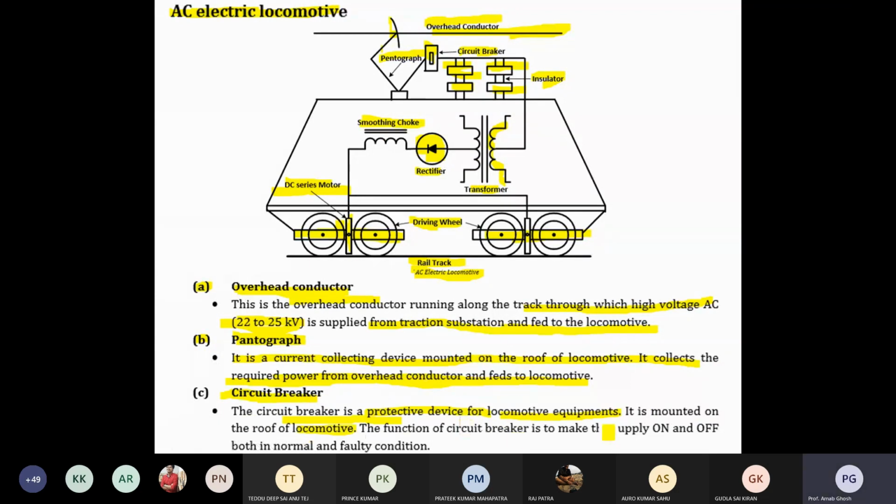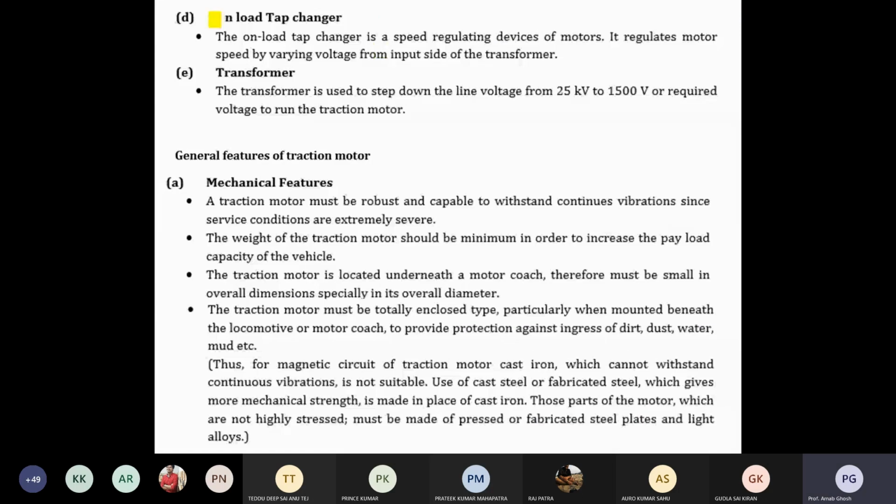Then what are the different types of tap changers? So there is the on-load tap changer. On-load tap changers means that the tap changers are connected in the primary. From this transformer you can see that this winding is responsible only for traction.